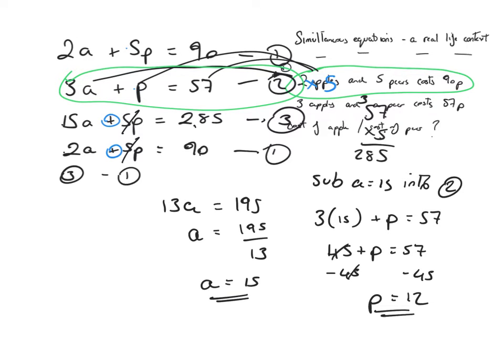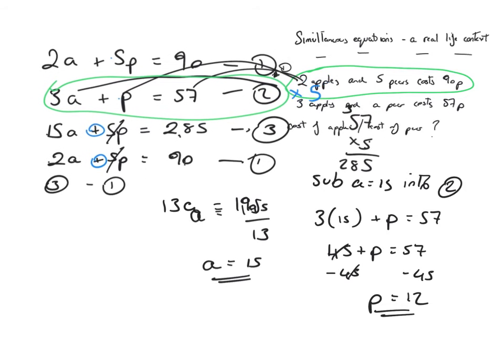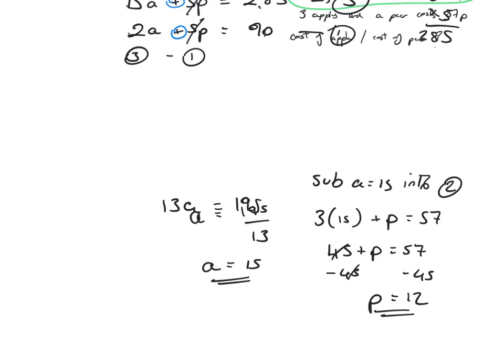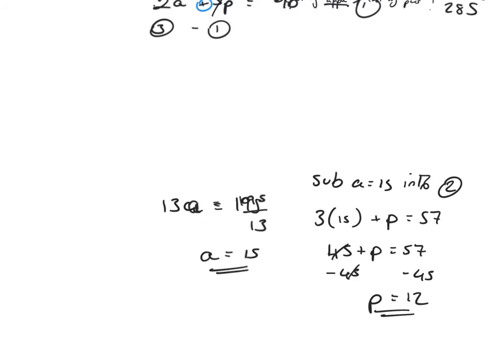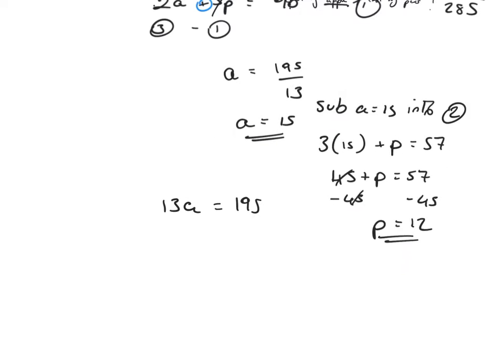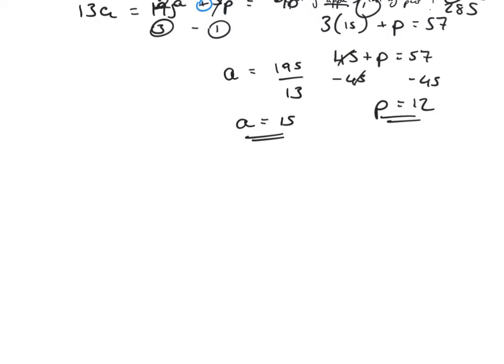Okay. Now, since this question is in a real life context, I need to get my answers and to explain those answers also in a real life context. So I'm getting that a equals 15 and p equals 12. So what does that mean?